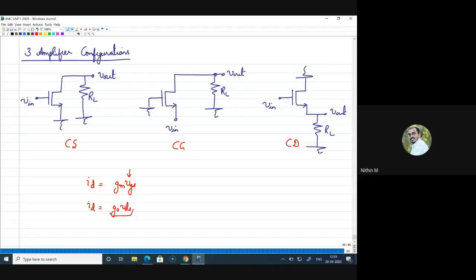Even in the ideal case, your current is not at all changing for that VDS voltage. Only in the non-ideal case, you can see a minor variation. So with that, I cannot say I can design an amplifier, because a major contribution is coming from this term gm rather than g naught. g naught is a very small term, the quantity itself is very, very small.